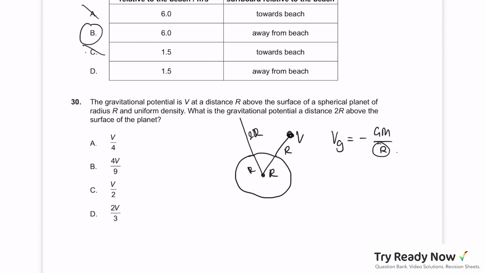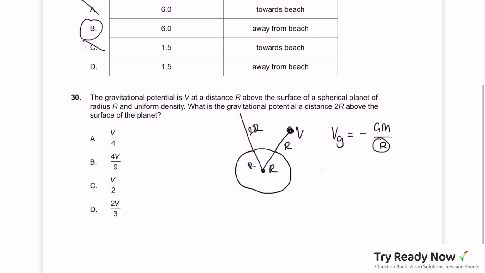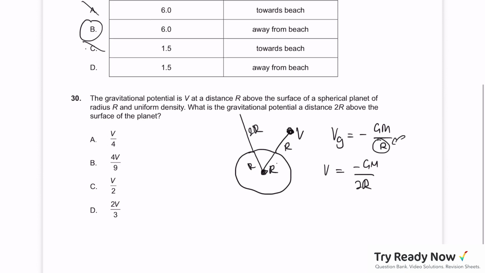So initially V, as you can see here, is equal to minus GM over 2r, because we have from the center of the planet, so we have r and r. R in this case is the distance from the center of the mass, whereas r here is referring to the radius. So this is our first equation.